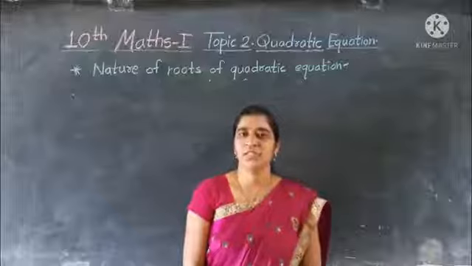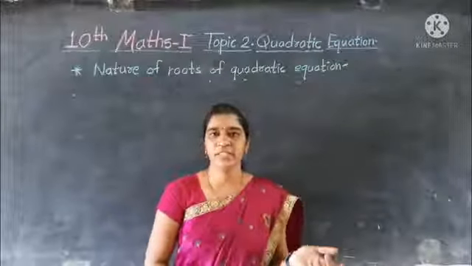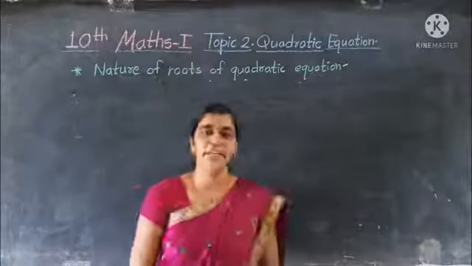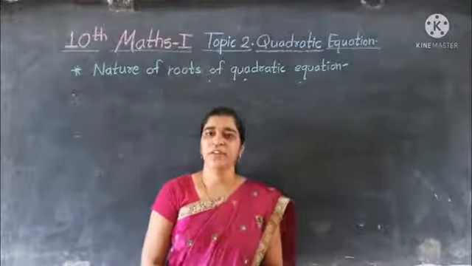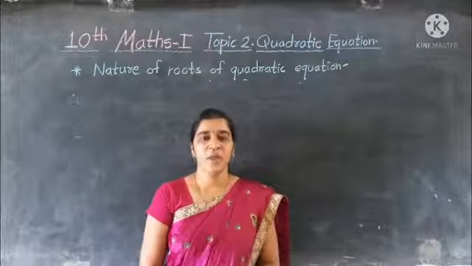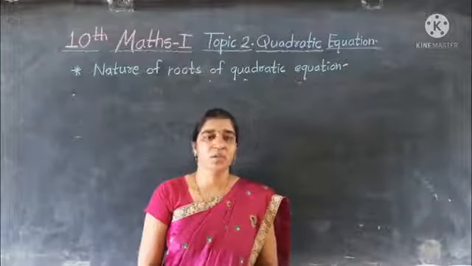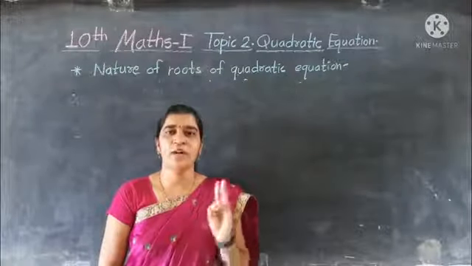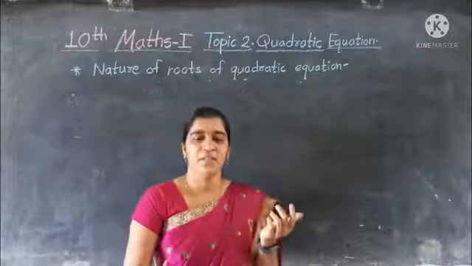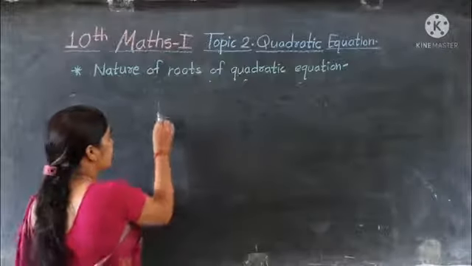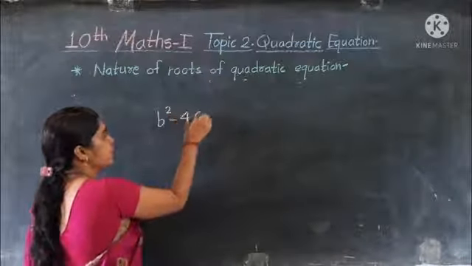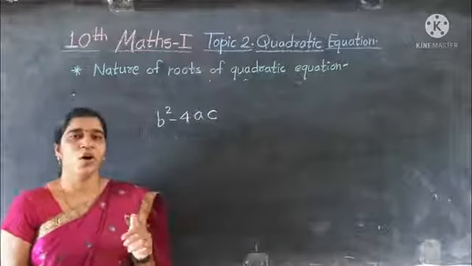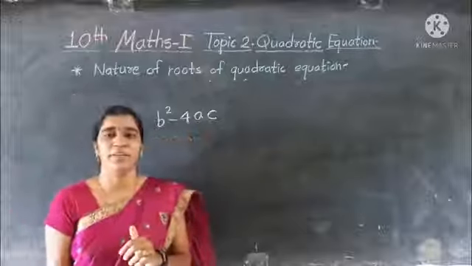So students, in this video we had seen what is the nature of roots of quadratic equation. If given quadratic equation is there, then we have to find its nature. So the nature of quadratic equation depends on the value of discriminant, that is the value of b square minus 4ac. And we had seen the three conditions of this value of discriminant.